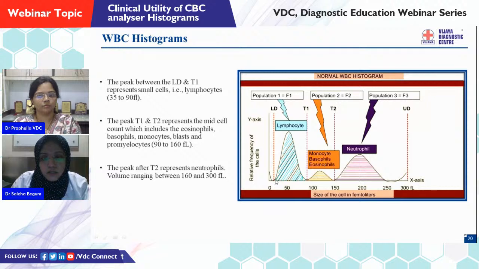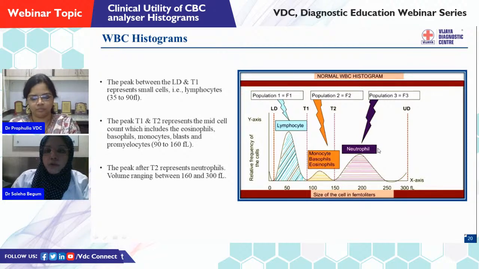The detection limit is 30 to 60 to 300 femtoliters, and there are two valley discriminators called T1 and T2. They are somewhere around 90 to 60 femtoliters, and after that, a 160 femtoliter one is placed. So that's how the WBC population is differentiated into three parts, small cell population, mid cell population, and large cell population, depending upon the size of the cell.